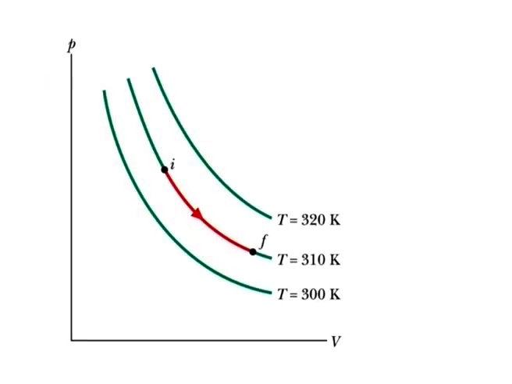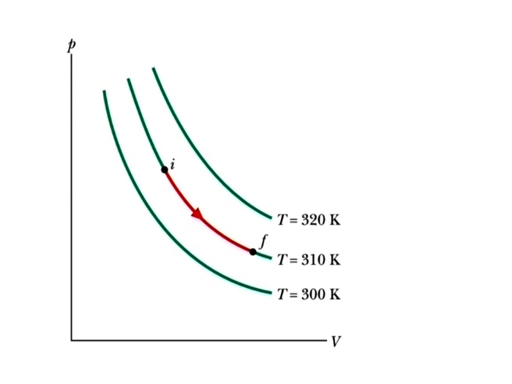On a PV diagram, an isotherm is a curve that connects points that have the same temperature. Thus, it is a graph of pressure versus volume for a gas whose temperature T is held constant.